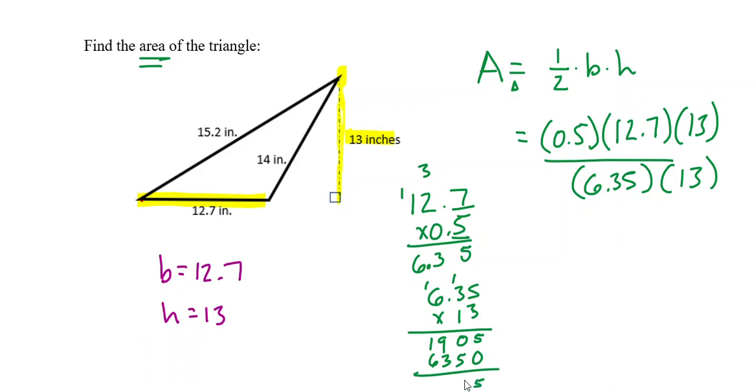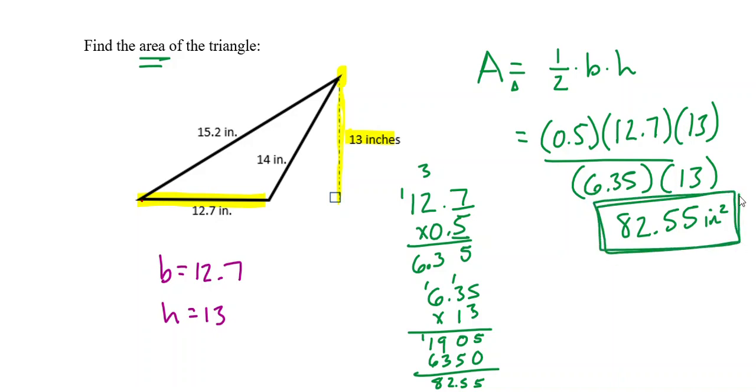And then add, and we get 8255. How many decimal places are there? 2 places after the decimal in 6.35, none in the 13. So the answer is 82.55 inches squared, square inches.